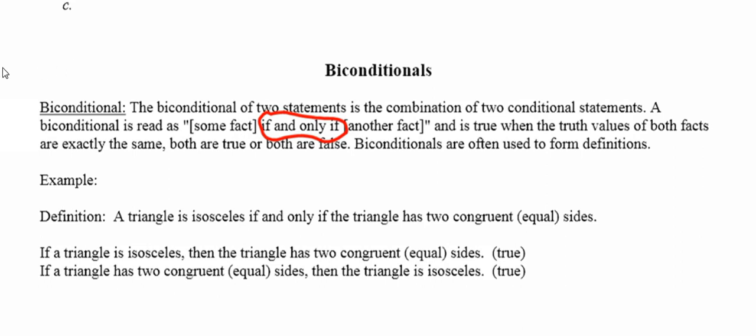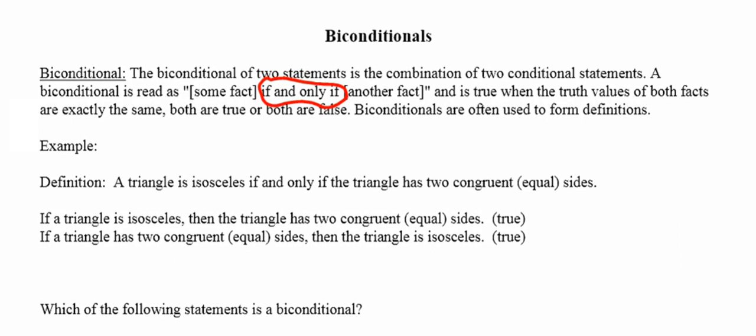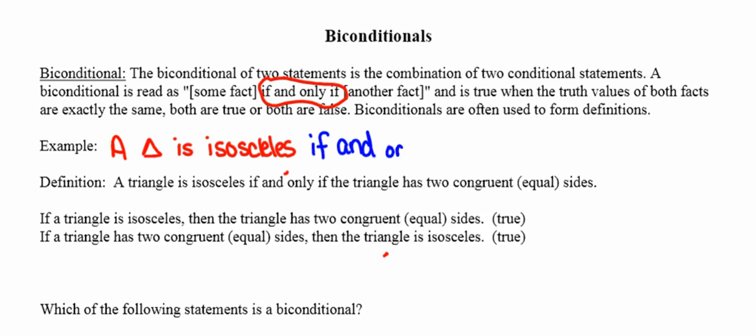So an example of this would be to say a triangle is isosceles, and I'm going to use that triangle symbol to represent triangle. So a triangle is isosceles, and the connecting words here are if and only if, it has two congruent sides.